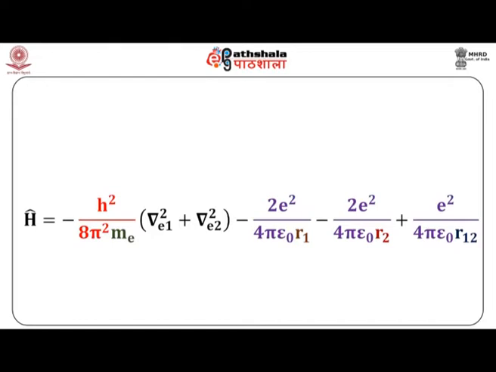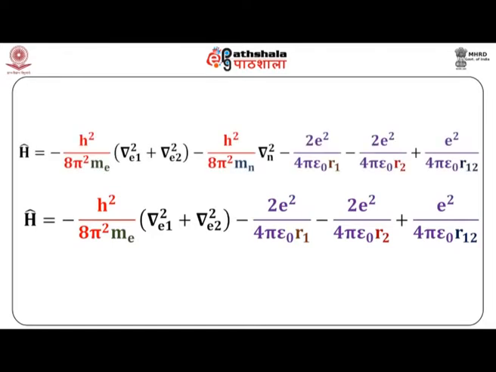And once we fix the nucleus to be stationary, then its kinetic energy term vanishes, and therefore the Hamiltonian reduces to this form, as you can see here. If we compare it with our earlier equation, we see that the term minus h²/8π²m_n ∇_n² is no longer present, because that was the term representing the kinetic energy of the nucleus.